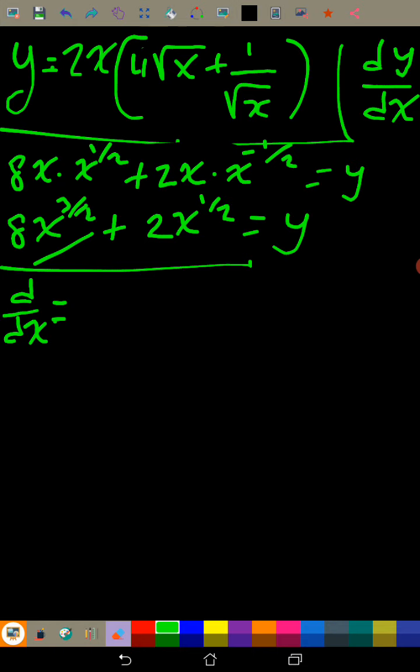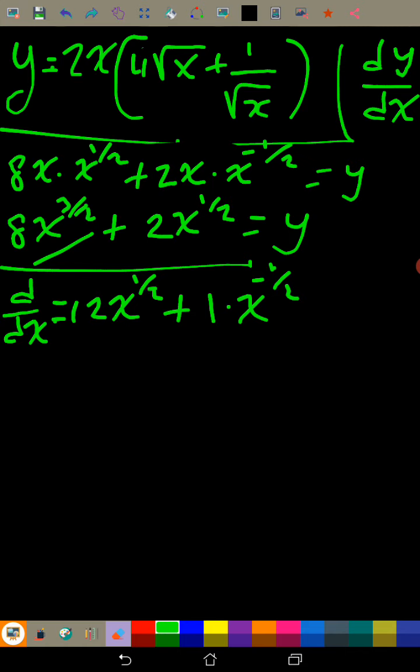I get 4 times 3, that's 12, and x to the power of 3 over 2 minus 1, so it's going to be half, and plus I have 2 times x to the power half, multiplied by 1 times x to the power of minus half, because we take 1 out of it.